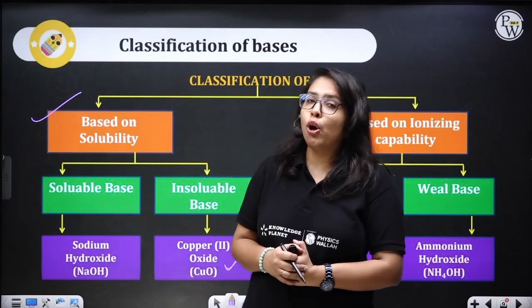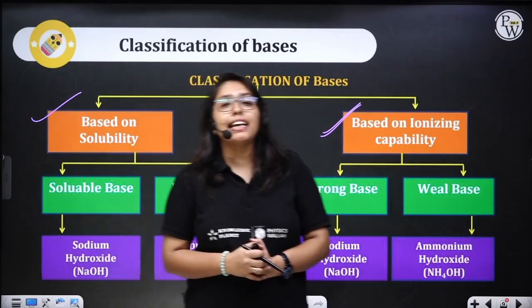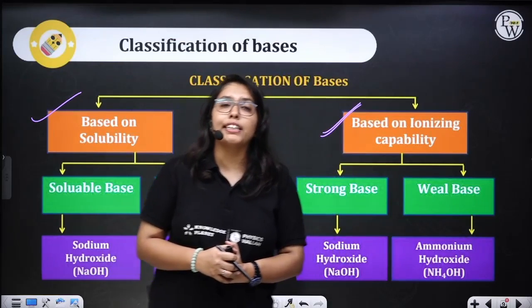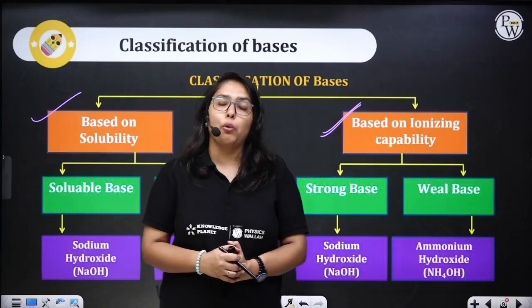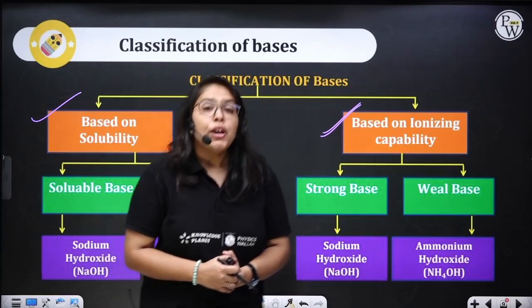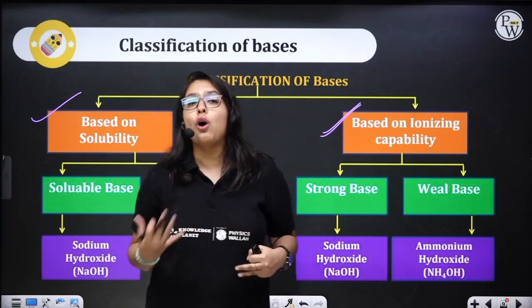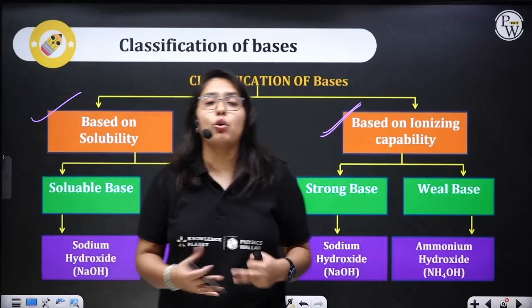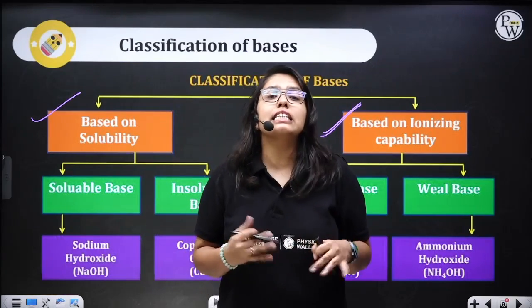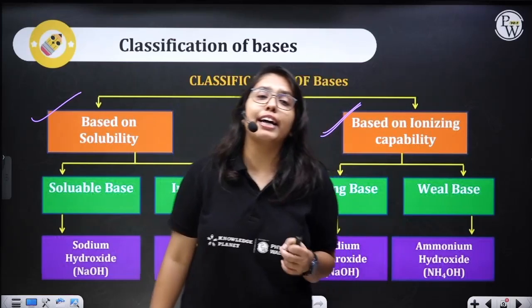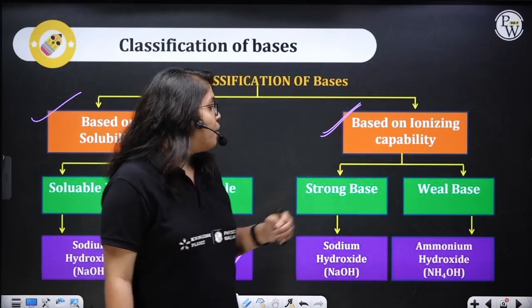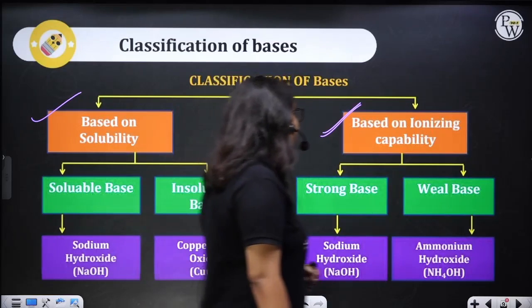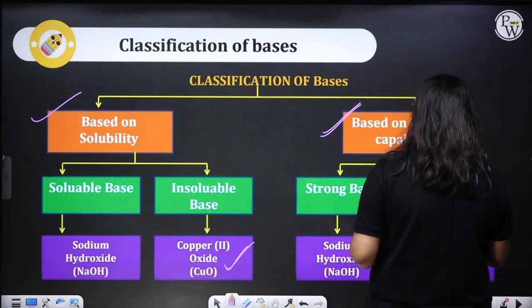Applying the same logic for bases, bases that release OH minus ions, that is hydroxide ions, easily are known as strong bases, whereas those bases which do not completely dissociate to give rise to the hydroxide ions are known as weak bases.